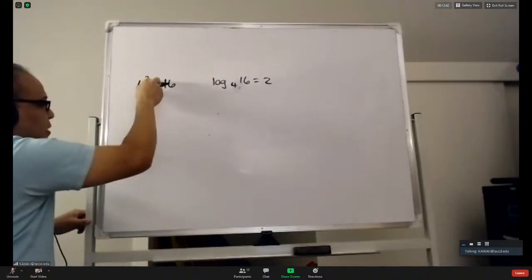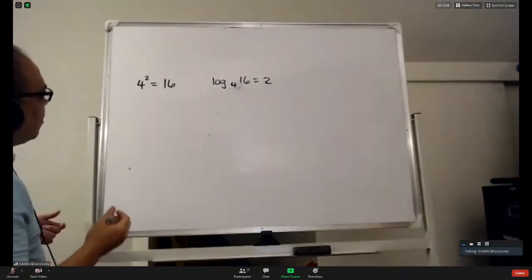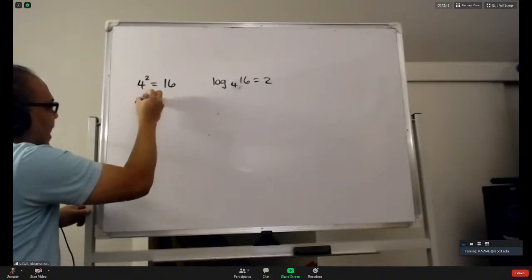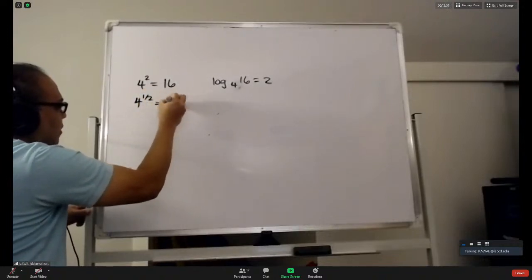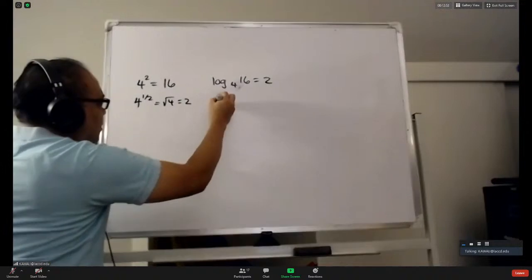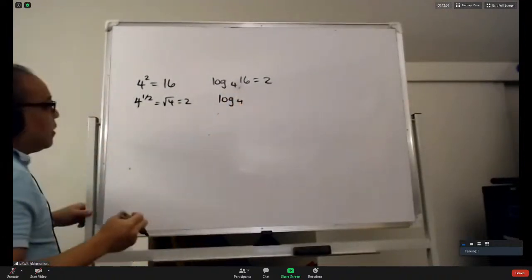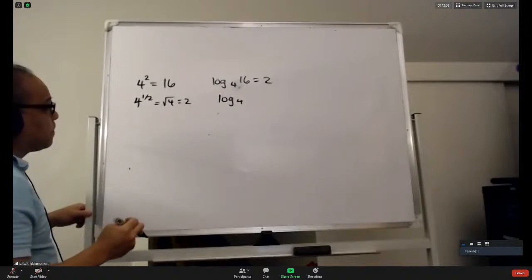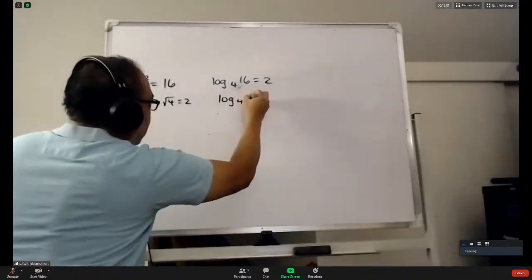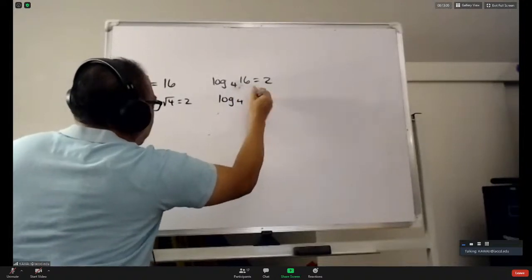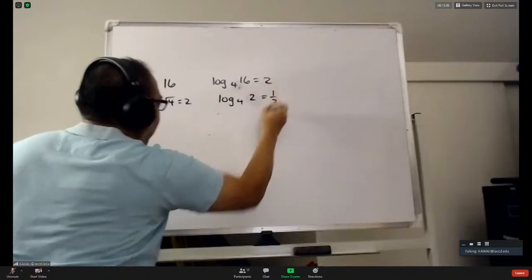That's the exponent. And then you'd say, well, what else could I get out of this? Well, 4 to the half is equal to square root of 4 is equal to 2. So then you get log 4 of 2 is equal to 1/2.